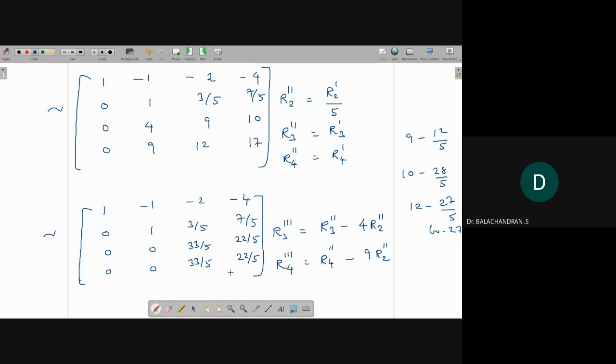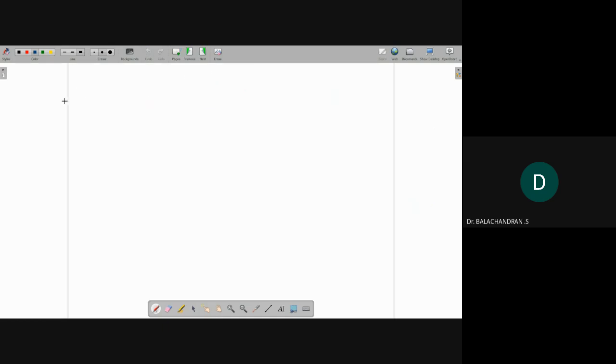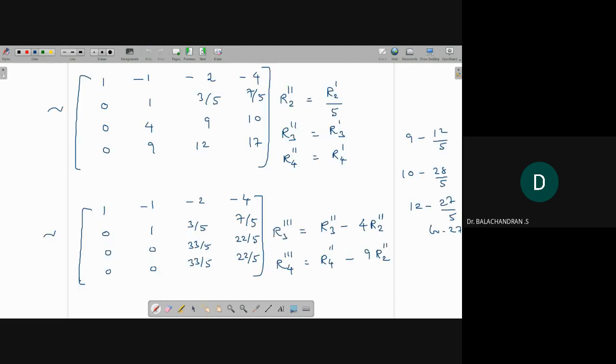Now the last one is very simple. R4 4 dash is equal to R4 triple dash minus R3 triple dash, because I need this element to be 0. While converting this element to 0, this is automatically 0. So the above matrix is equivalent to: first row 1 minus 1 minus 2 minus 4.